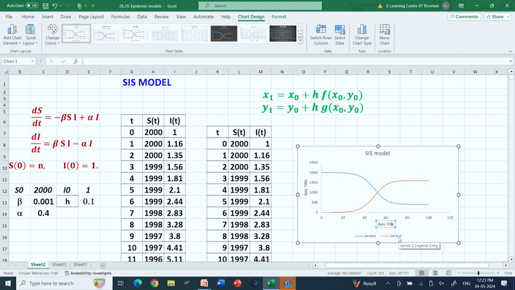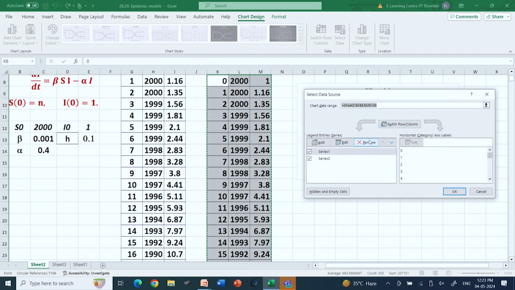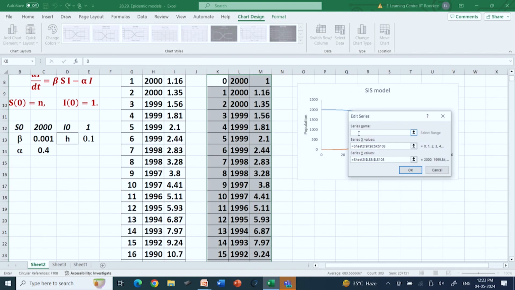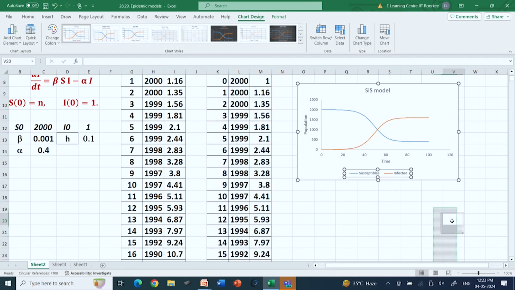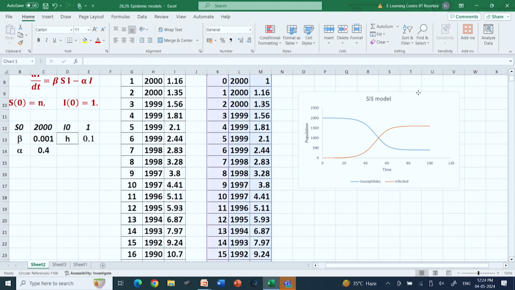So this is time, and this is the population. And I will change series 1 and series 2. Go to chart design, then select data, select series 1, edit. So this is susceptibles, and series 2, edit, infected. So I get this chart for the SIS model.